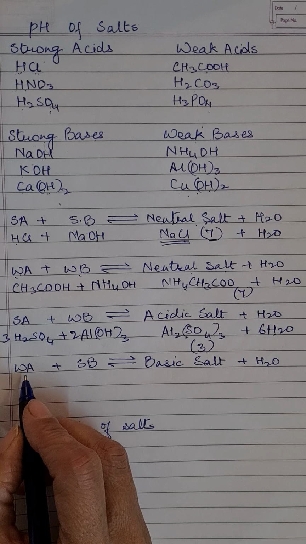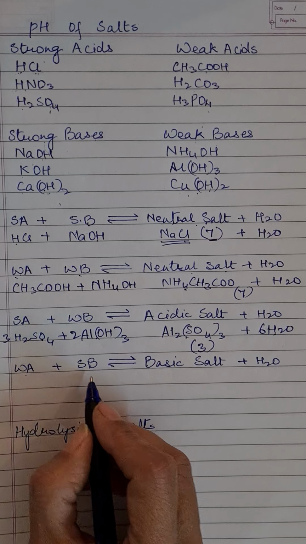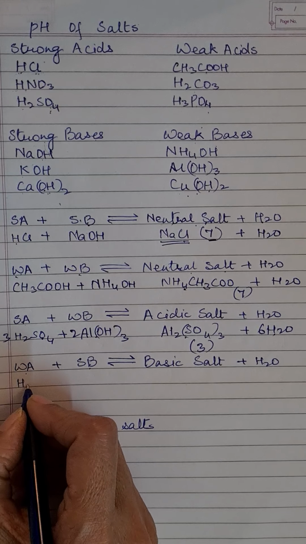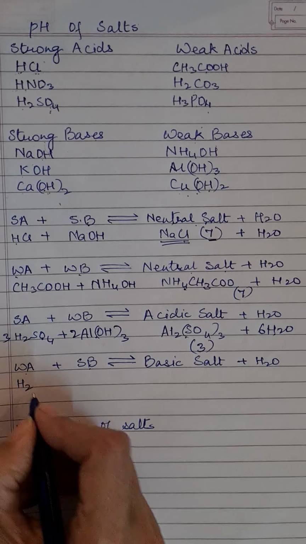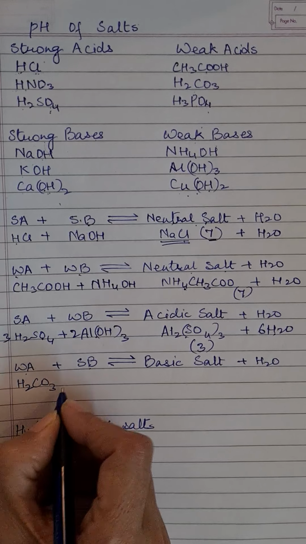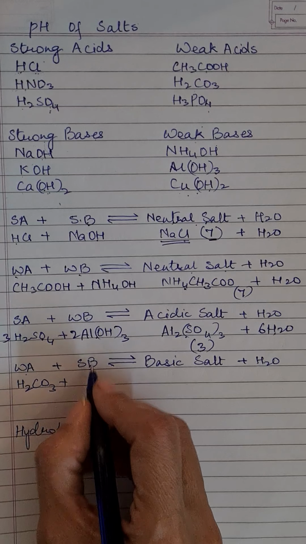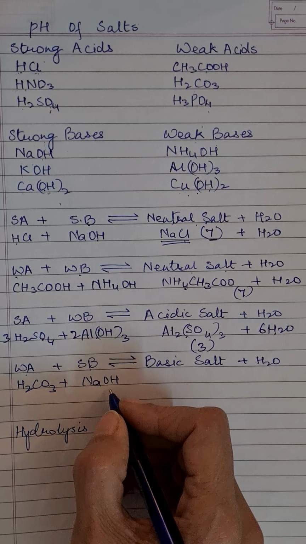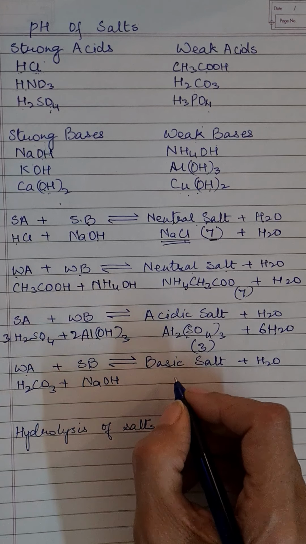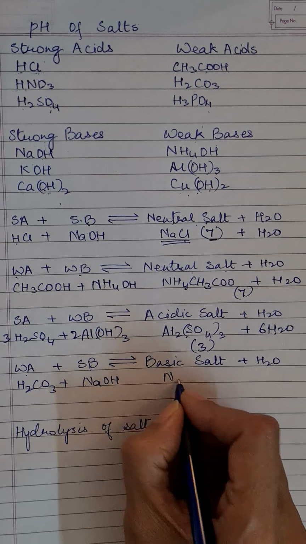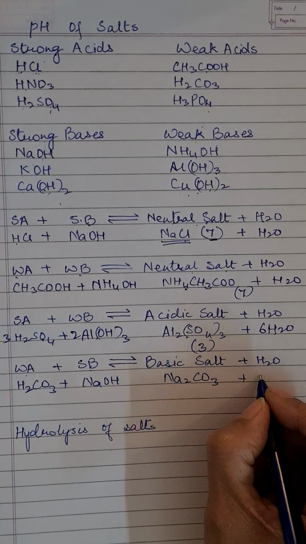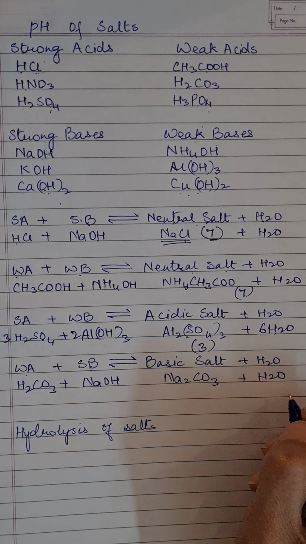Now what happens when a weak acid combines with a strong base? Let's take the example of a weak acid, carbonic acid. This combines with a strong base, our very common base, sodium hydroxide. It's going to produce the salt sodium carbonate and water.